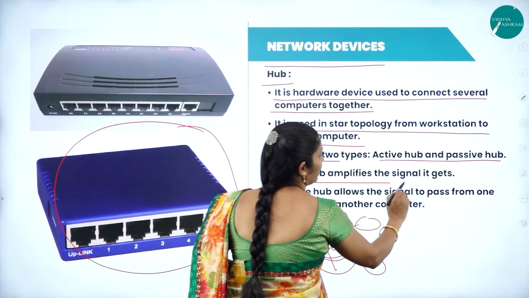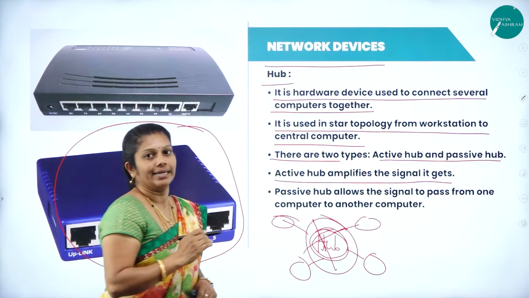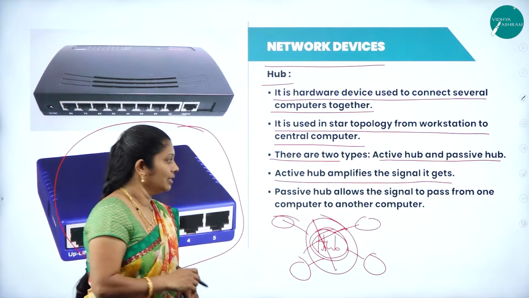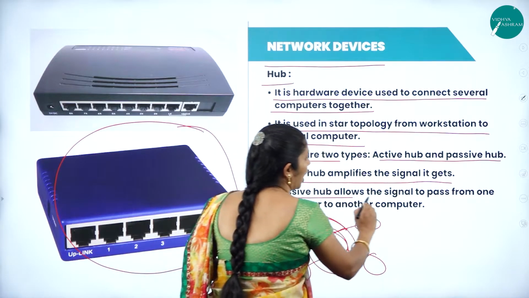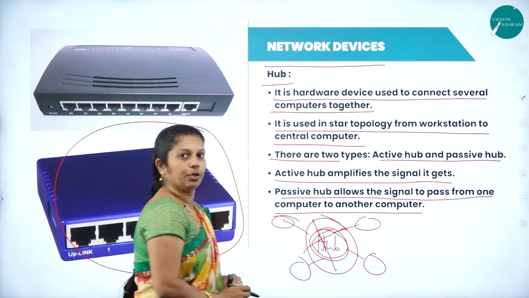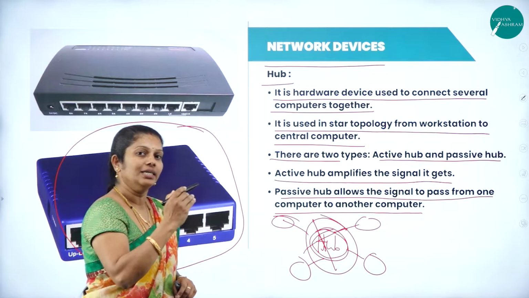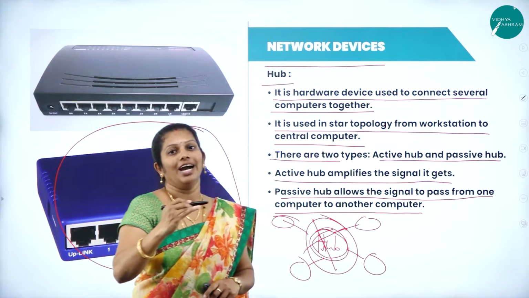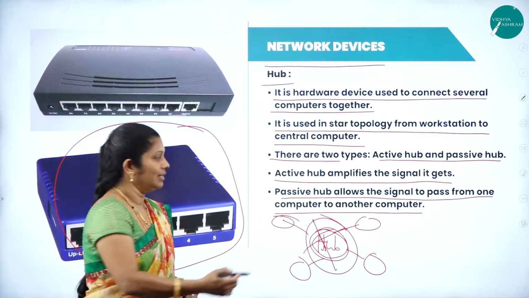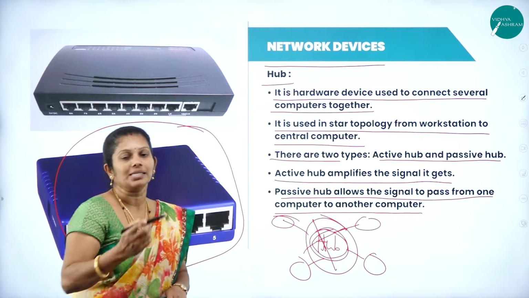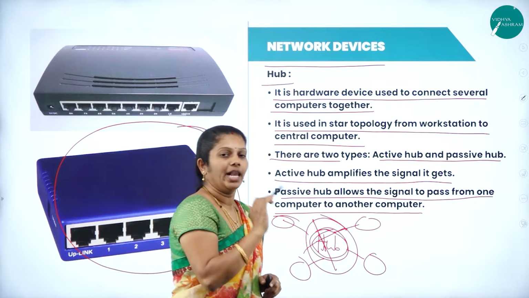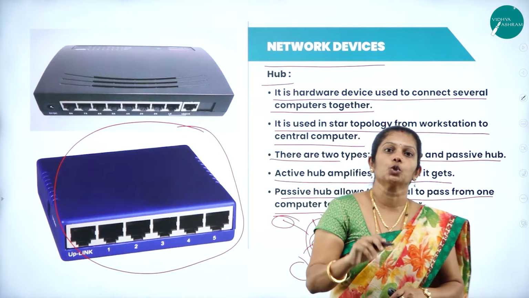An active hub amplifies the signals it gets. It will amplify the signal, increasing the signal here. Whereas a passive hub allows the signals to pass from one computer to another computer. Whereas an active hub helps to amplify the signals, this helps to pass the signal from one computer to another. It means that a hub helps to connect several computers together.